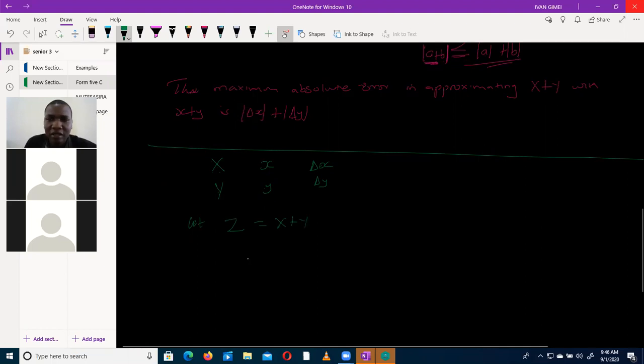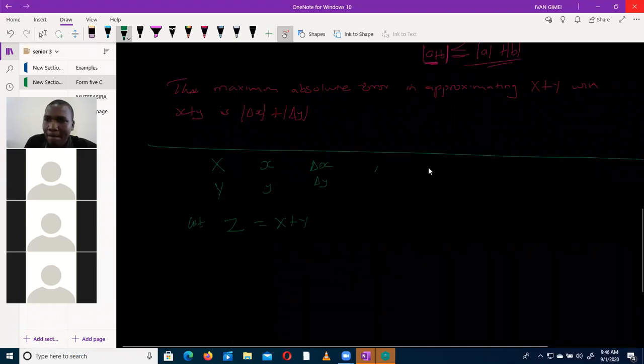That's what I'm doing. But then we know that for me to find error, this is how we define the error. An error is the same as exact value minus the approximated value. So if I want to find my exact value, I make it the subject, so it's the same as approximate value plus the error. So even for y, the exact value of y will be the same as approximate value plus the error made in y.